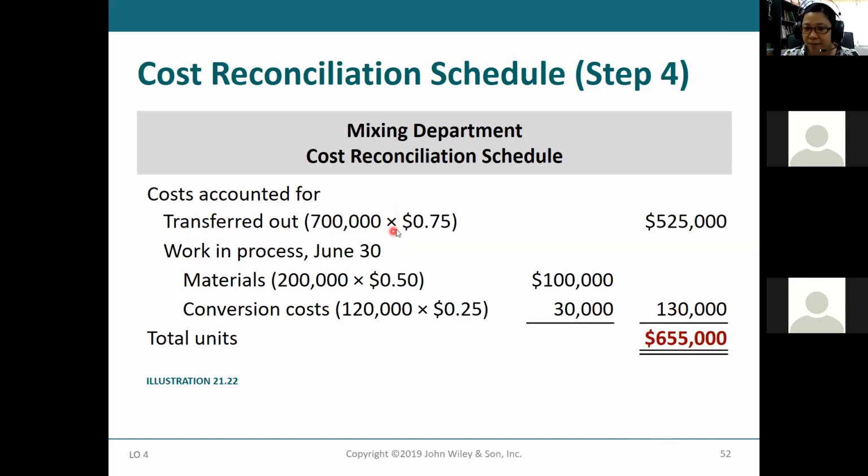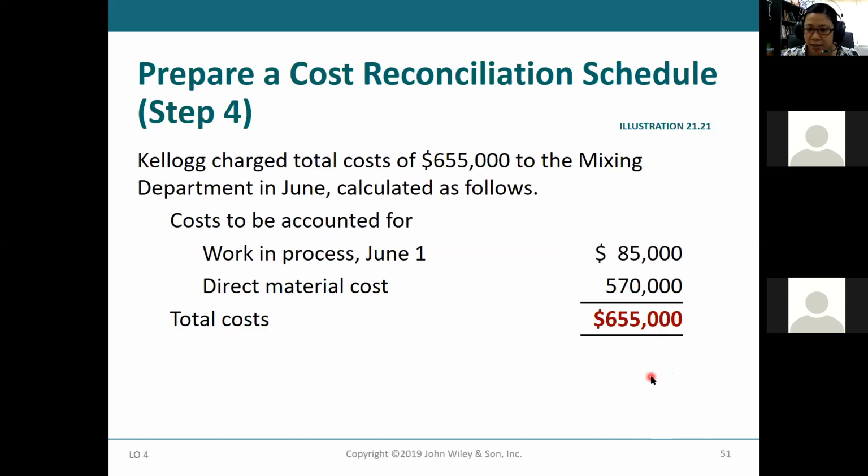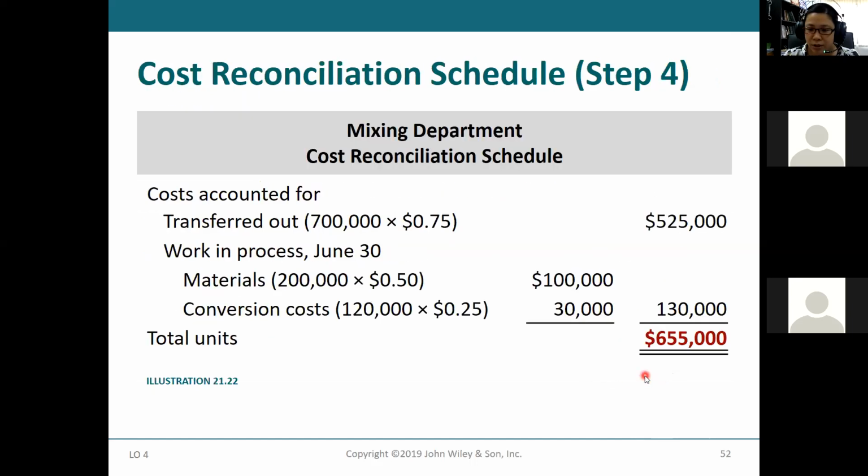We will times the total manufacturing cost per unit, 0.75. Where did we get that? You remember in step number 3, we found the total manufacturing cost per unit, 0.75. So I times 0.75 here, and I got 525,000.